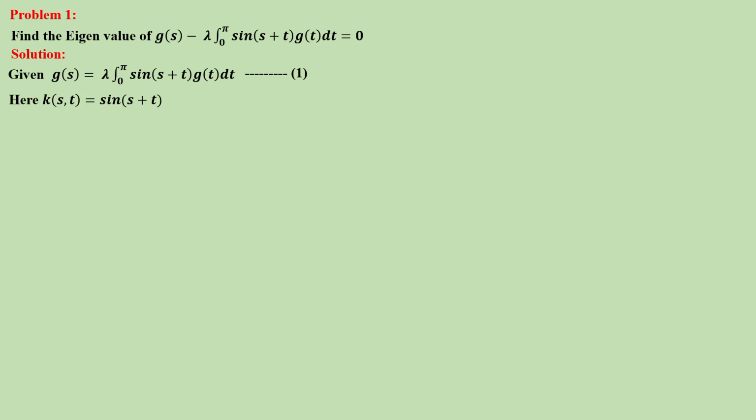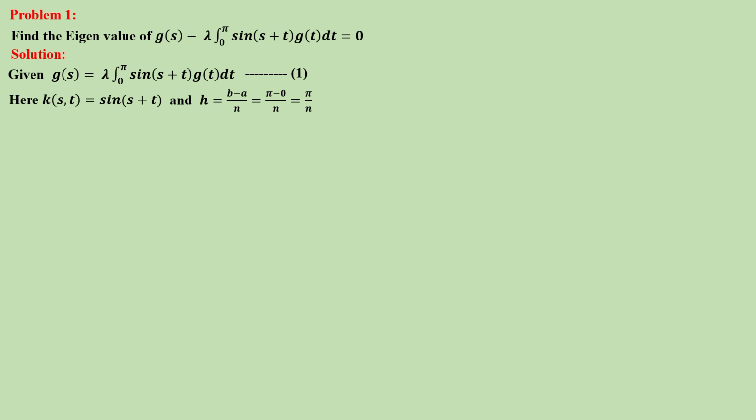Here the kernel k(s, t) is equal to sin(s plus t), and h is given by the formula from Fredholm's first theorem: h equal to (b minus a) by n, the upper limit minus the lower limit by n. We divide the interval [a, b] into n equal intervals.